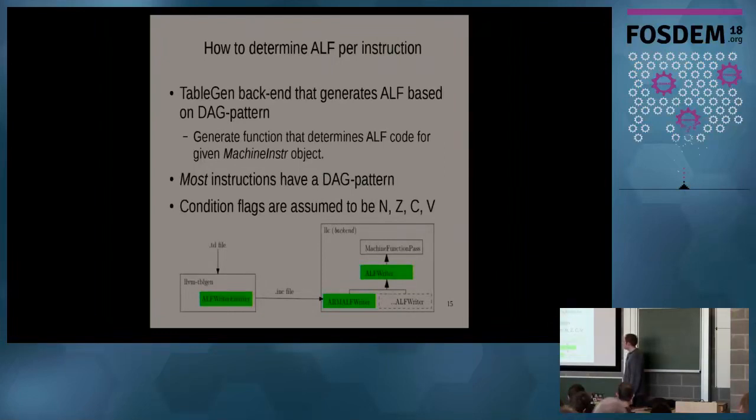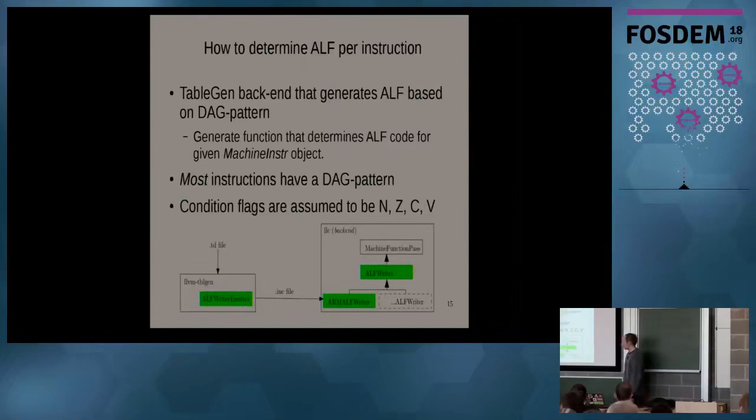So the idea was to construct a TableGen backend, as they call it, which is basically when you interpret TableGen, you get a set of records, and with these records you can do anything you want. So you could have every instruction and information about each instruction. What I did in the project is to generate a function that, based on the machine instruction object, outputs ALF code, and this ALF code is then determined based on the DAG pattern field of each instruction.